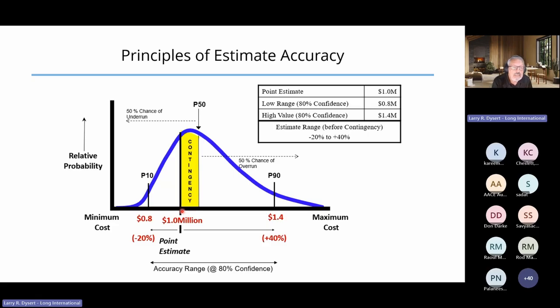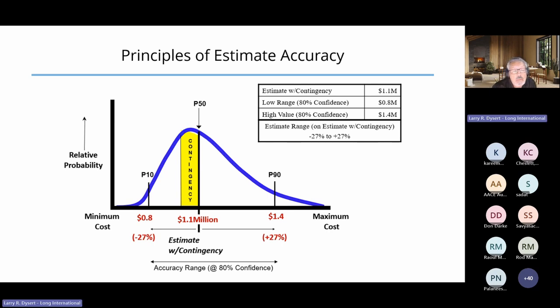If we talk about estimate accuracy in terms of percent to our P50, or our most likely funded value for the estimate, then we end up in a situation like this. In this particular case, contingency added $100,000, moving us from our point estimate of 1 million to 1.1 million as the P50 value.